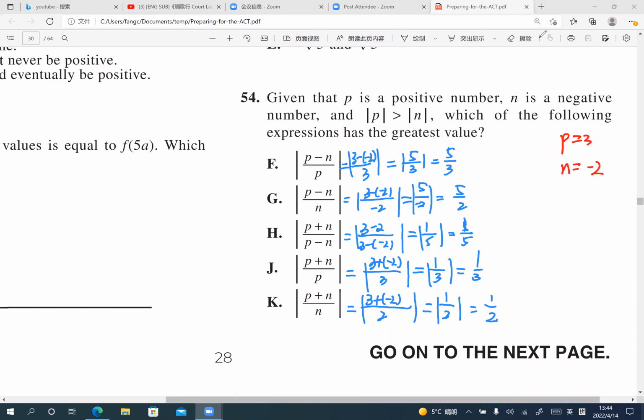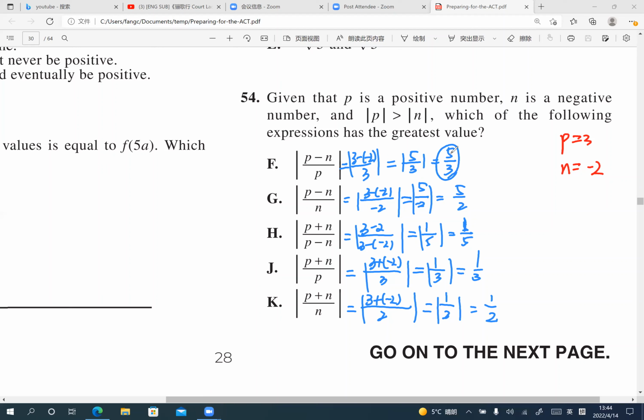So we choose p equals 3 and n equals -2. Then evaluate each expression. The first one, p minus n divided by p, is 3 minus -2 divided by 3, which is 5/3.